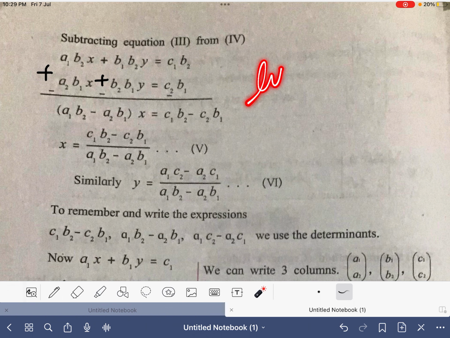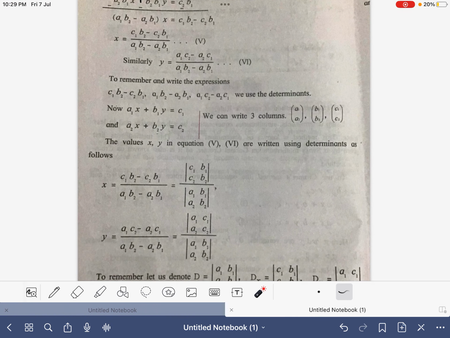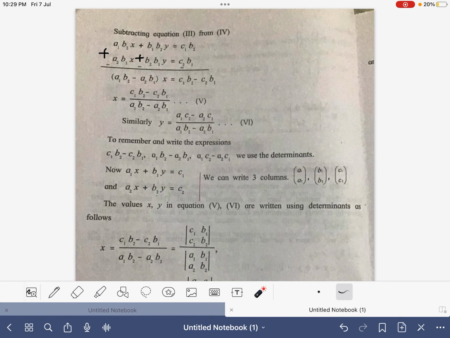Now similarly we have to calculate the value of y. For that, just like the previous one, eliminate the value of x, so you will get y. So let's revise this.